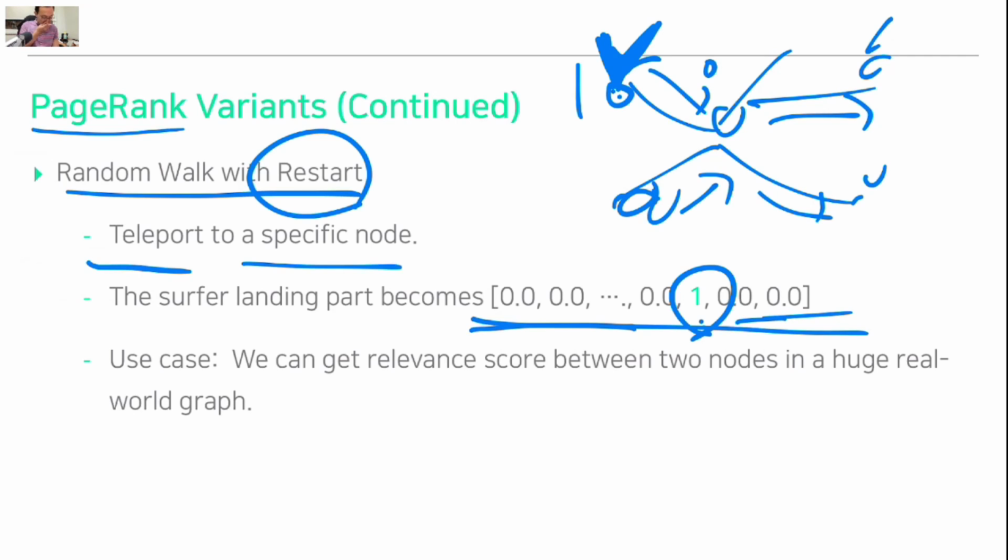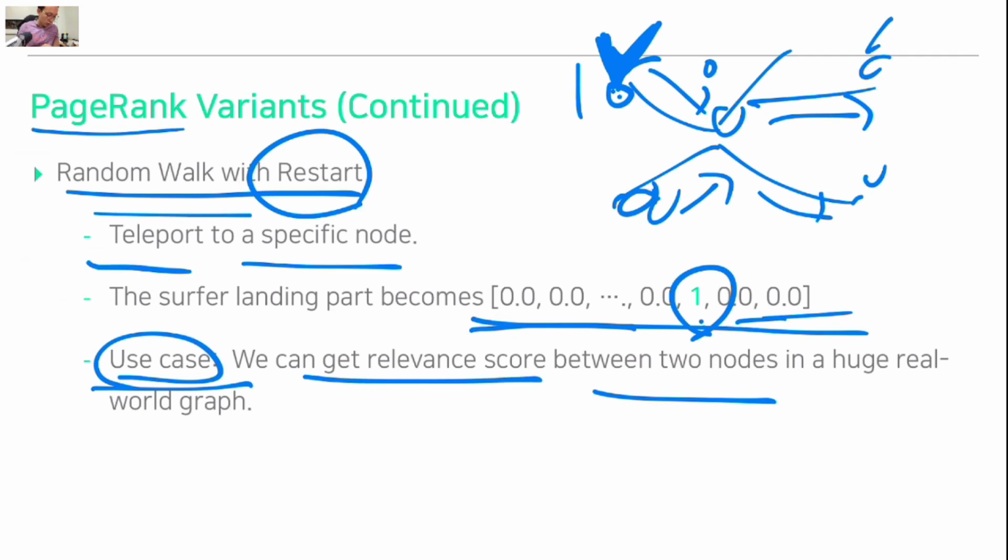We have use cases. So what is a use case? We can get the relevant score between two nodes. It is to compare how similar the two nodes are, right? It is the use case for the random walk with restart.